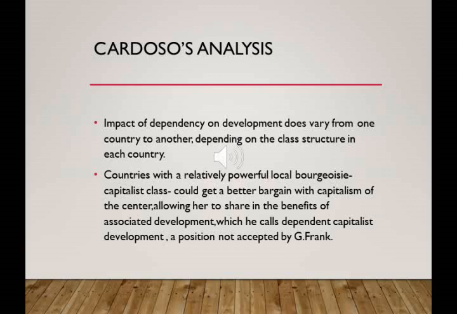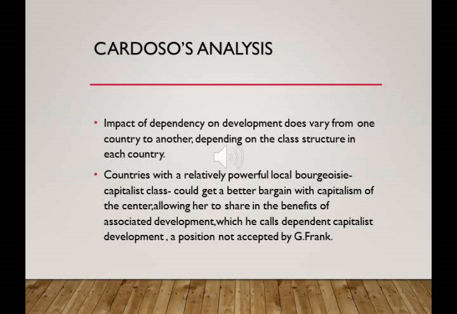In this case, dependency could have a different impact on this country than on another country where there is no national capitalist class, no working class, no diversity of natural resources, no advantageous geographic position.